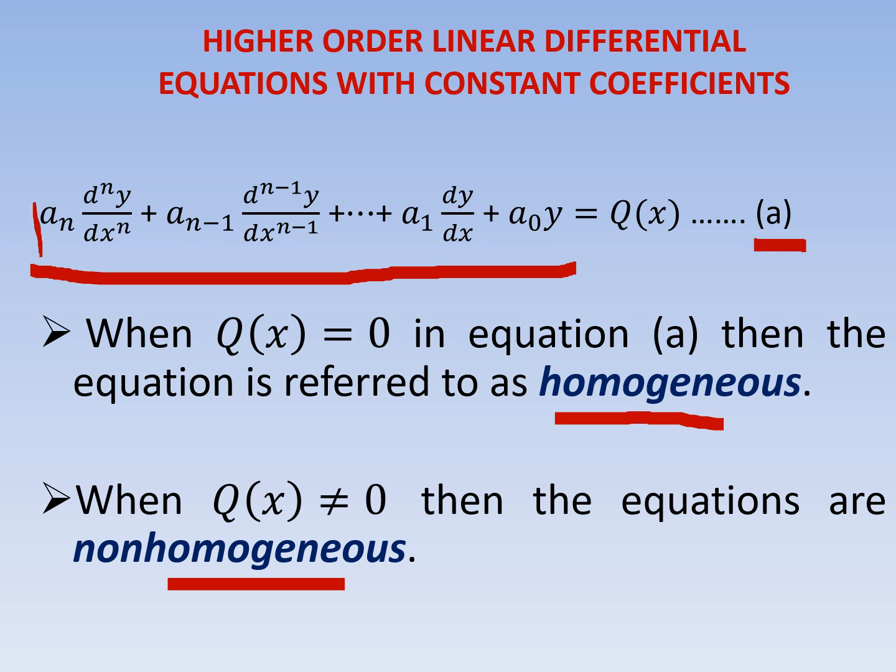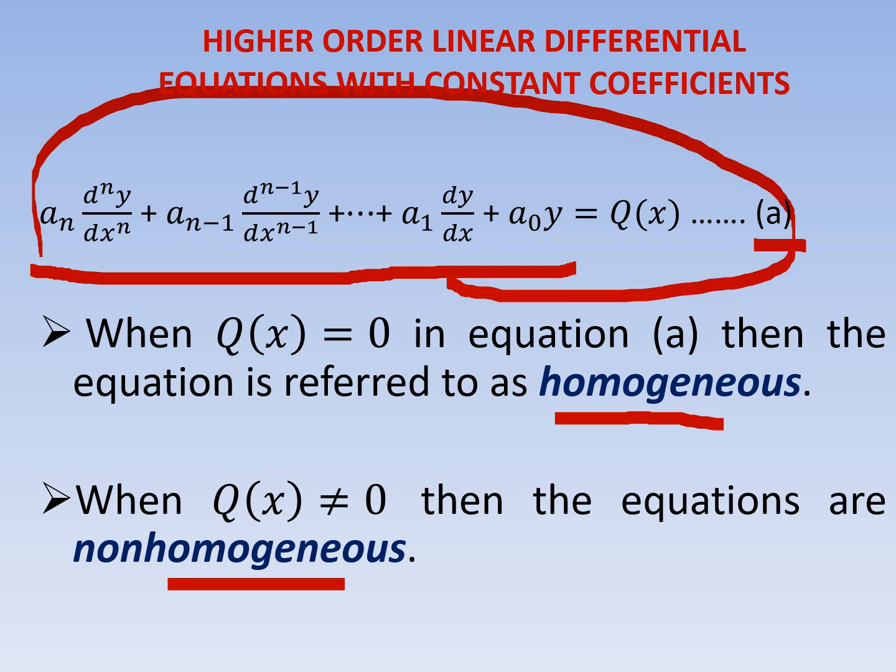In this equation, when q of x is equal to 0, then the equation is referred to as a homogeneous linear differential equation of order n with constant coefficients. When q of x is not equal to 0, then the equation is said to be a non-homogeneous linear differential equation of order n with constant coefficients.